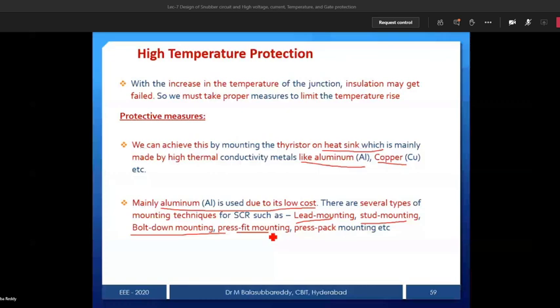Why is the temperature rising? When you are applying load, in your load test calculation you observe that losses will increase. In the initial no-load condition you don't get many losses, very minute, because only the no-load current is there, and that current is very small. But we apply load continuously: half load, quarter load, full load.